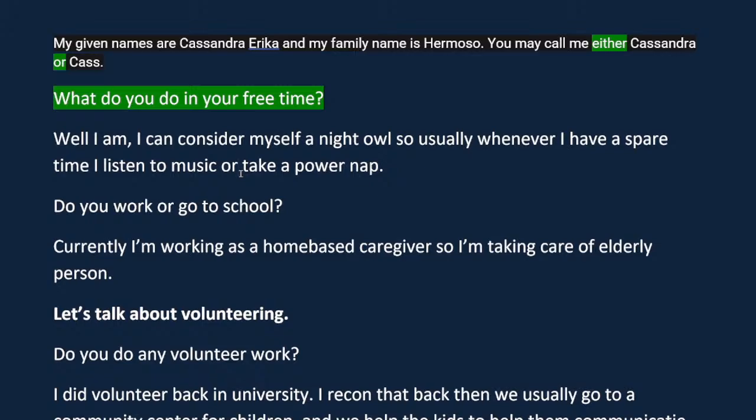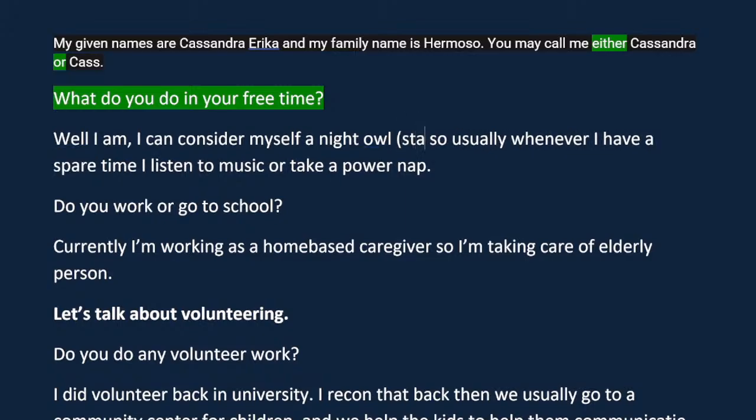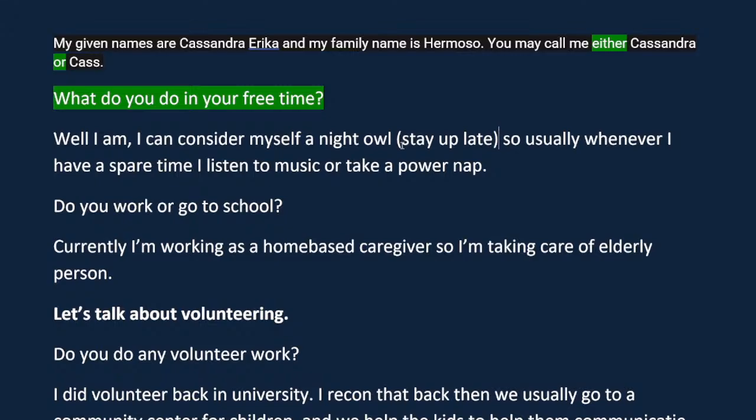Yes, sir. In the answer, when you say I consider myself a night owl, night owl is an idiomatic expression that means you stay up late, right? But it's not really related to free time, okay? Unless you explain it.